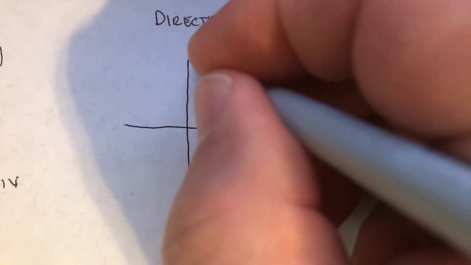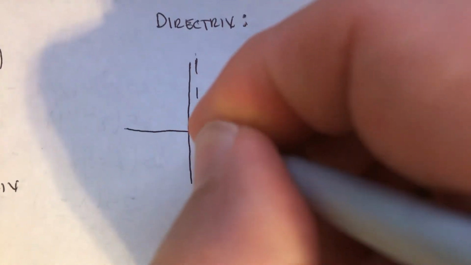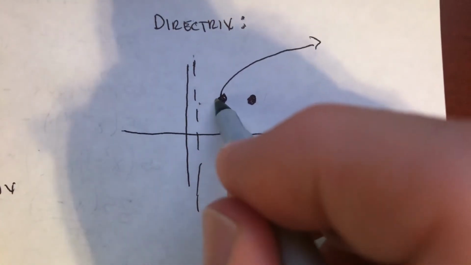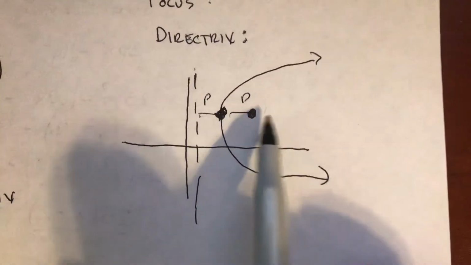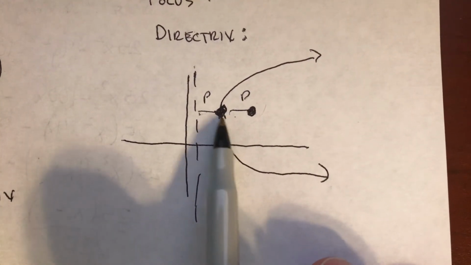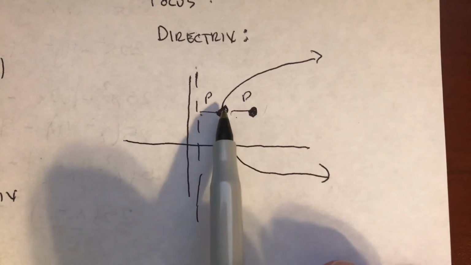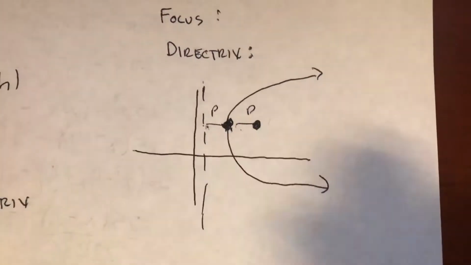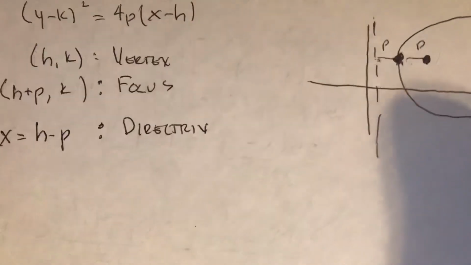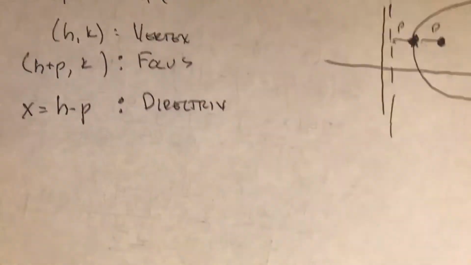My directrix would be the vertical line where this distance is equal to p and this distance is equal to p. P is always the distance from the vertex to the focus or from the vertex to the directrix. That's what p is.